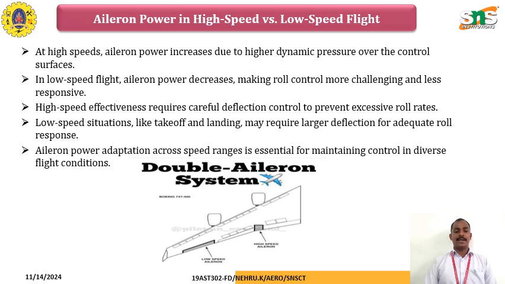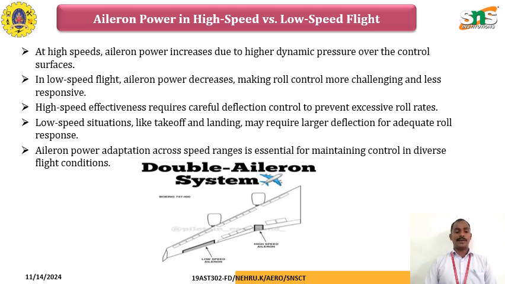At high speed, aileron power increases due to higher dynamic pressure over the control surface. In a lower speed aircraft, the aileron power decreases, which makes roll control more challenging and less responsive. In higher speed aircraft, effectiveness requires careful deflection of controls to prevent excessive roll rate.